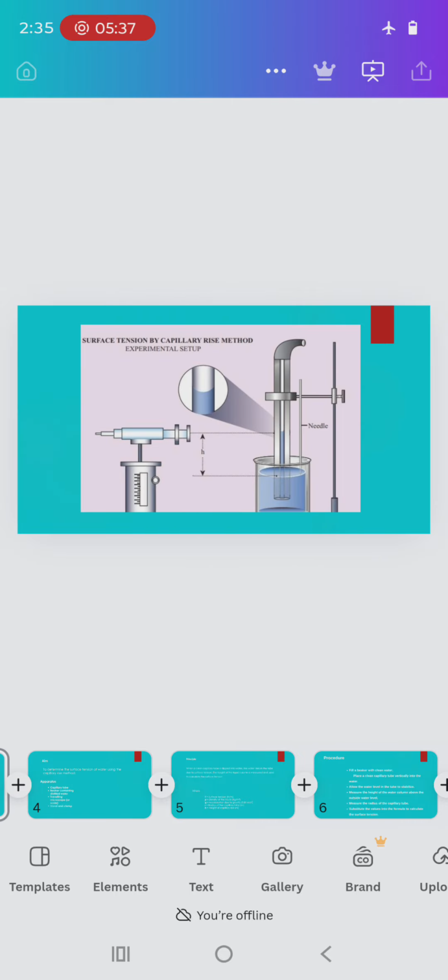Then the procedure. Fill a beaker with clean water. Place a clean capillary tube vertically into the water.